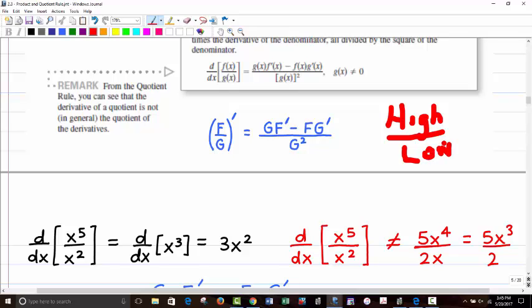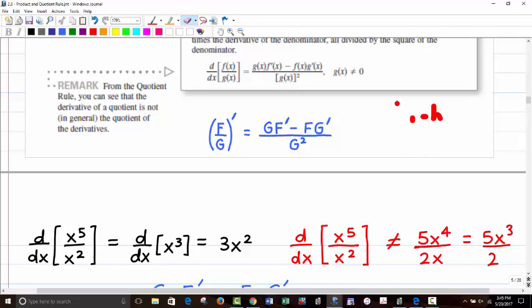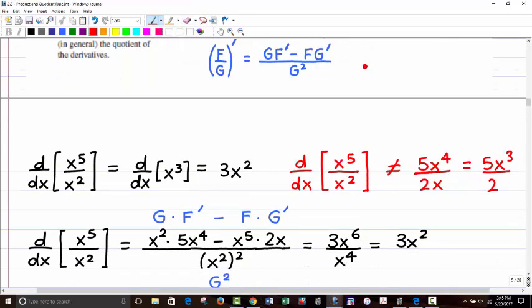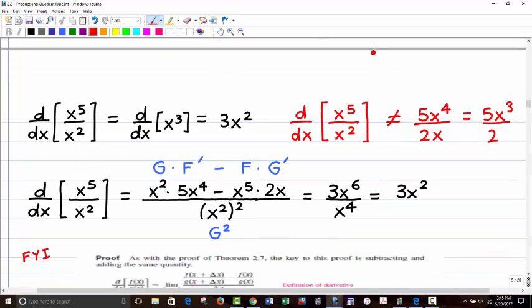But I've had students who were exposed to calculus in high school or something, and they said, oh yeah, we did it with low d high. Derivative of high would be f prime. Low d high minus high d low over low squared. Okay. So whatever. If you have a cute little naming, like I said, you don't have to, you just have to do the quotient rule on a test. You don't have to write it in a certain way. So if you enjoy cute little naming rules like that and they help you, I'm all for it. So it'd be low d high minus high d low over low squared.